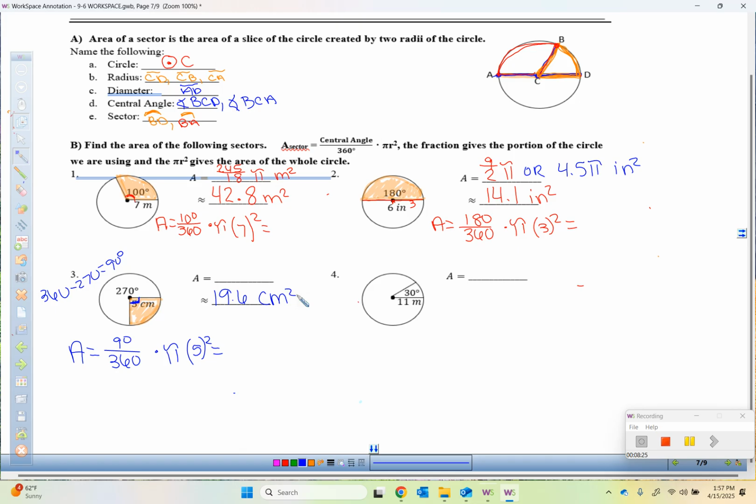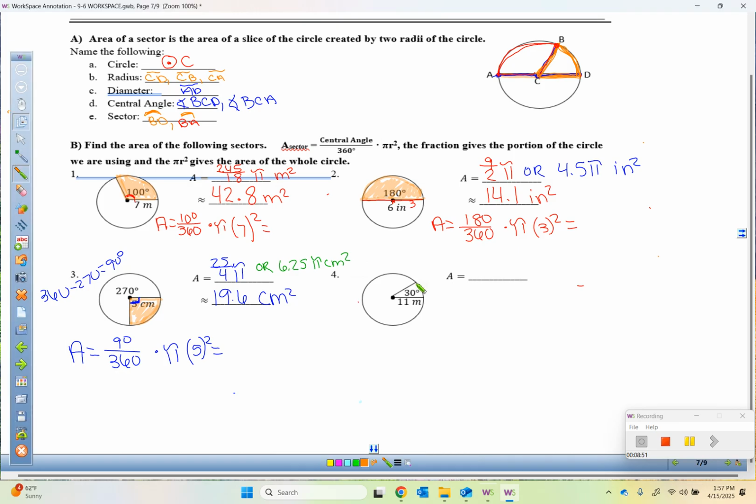And in terms of pi, what do we get? 25 over 4? Yep. Over 4 pi. And if I were to divide my 25 divided by 4 out, 6.25 pi centimeters squared.